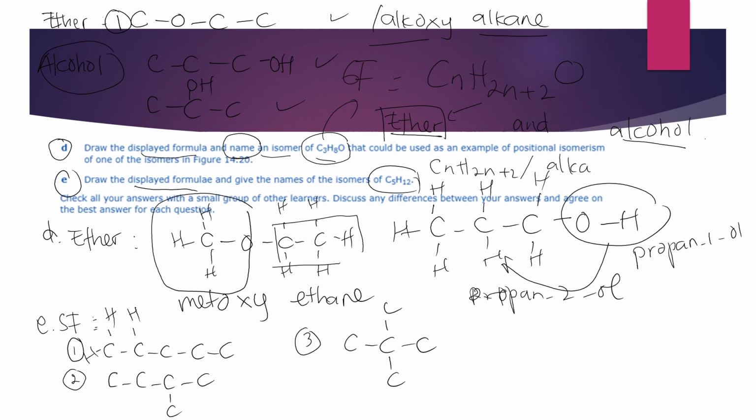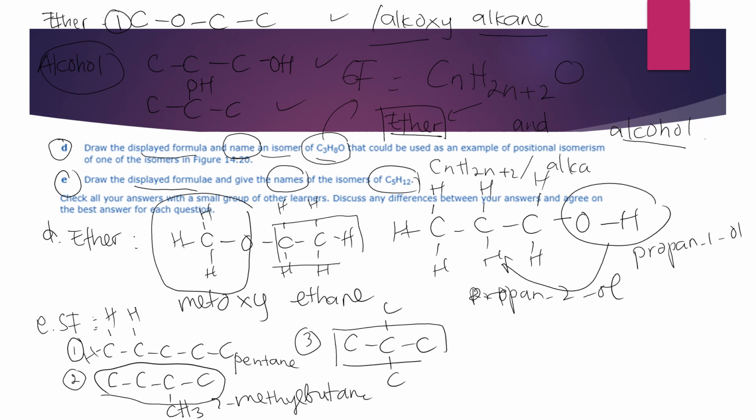And here for number E also the names. Here with 5, pentane. Here the main chain is 4, then the branch is methyl in number 2. So the name is 2-methylbutane. The last is 3. 3 is propane.